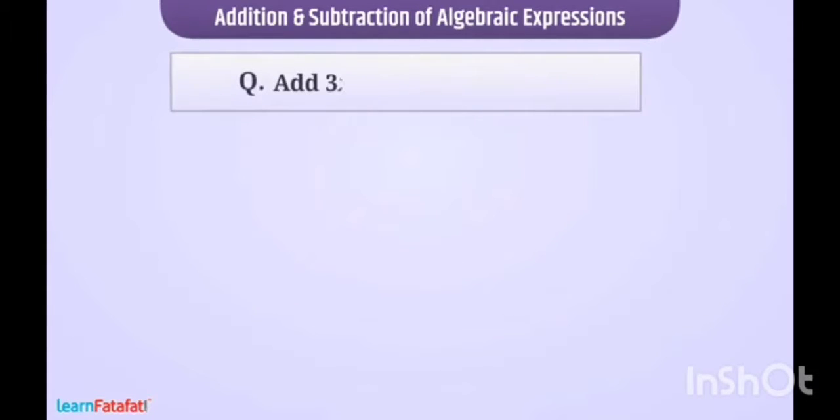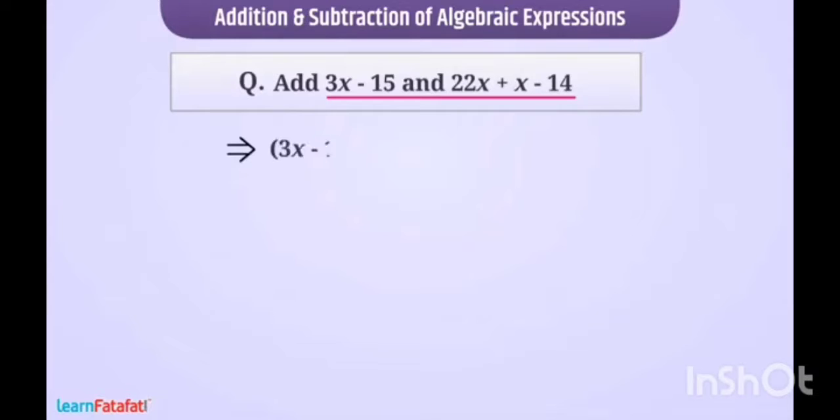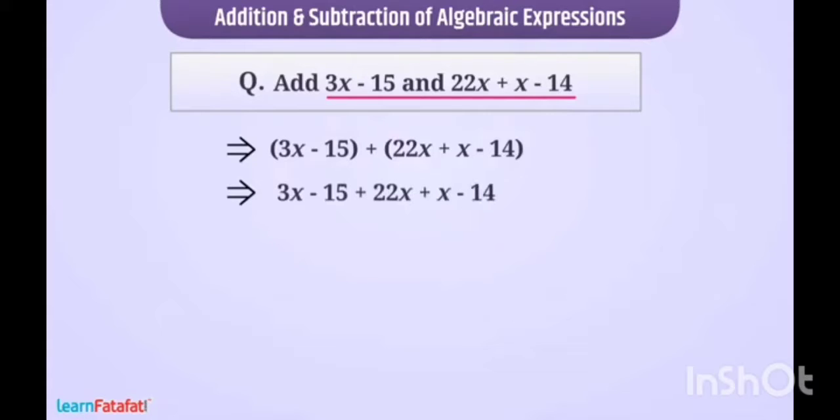Add 3x minus 15 and 22x plus x minus 14. We can write it as 3x minus 15 plus 22x plus x minus 14.